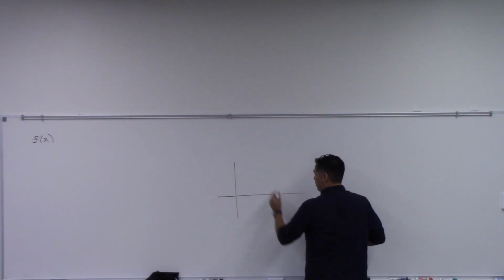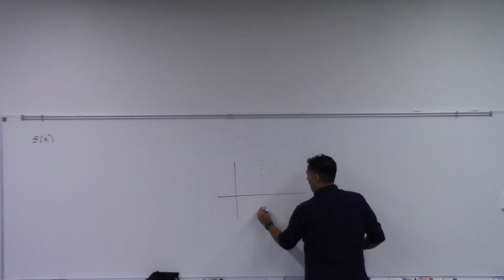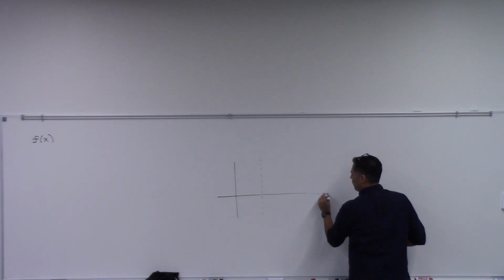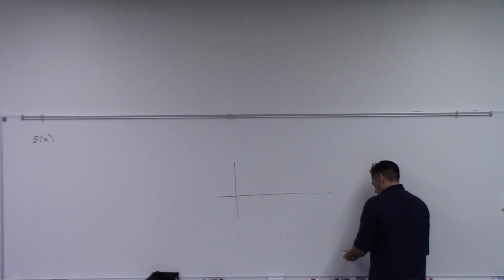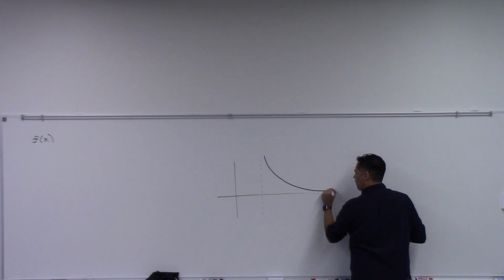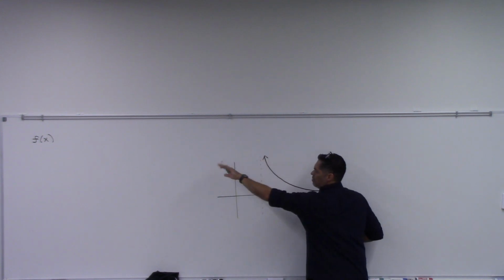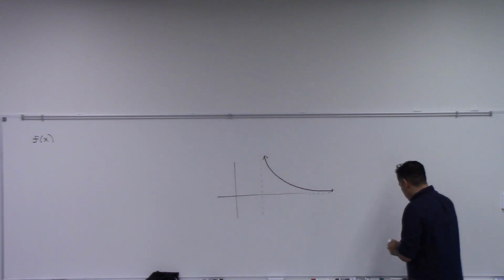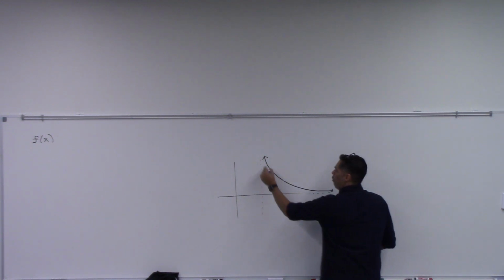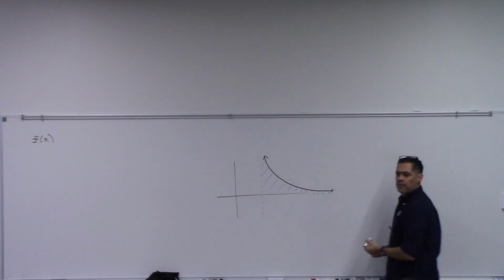It has a vertical asymptote right here. And it has a horizontal asymptote that goes like this. And the function goes like this right here. And the function's doing other stuff over there, but what we're trying to figure out in the calculus class right now is what is the area underneath this graph.